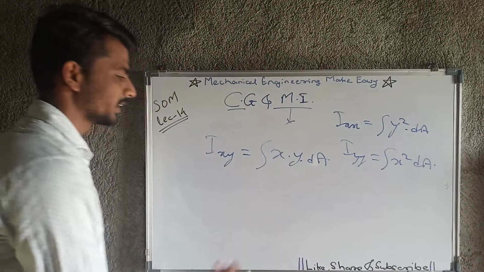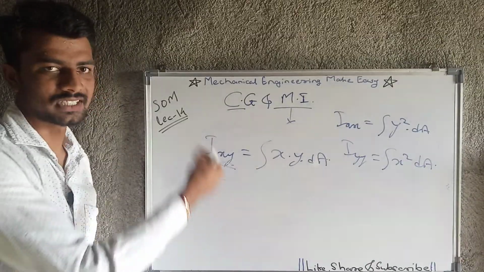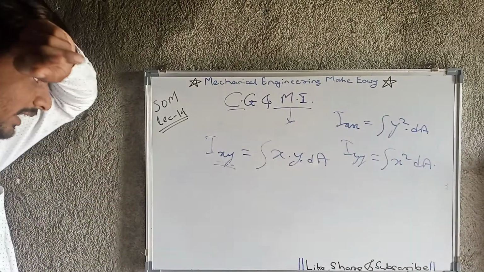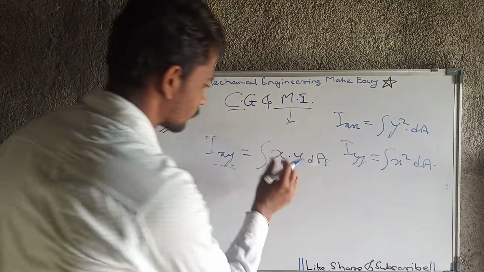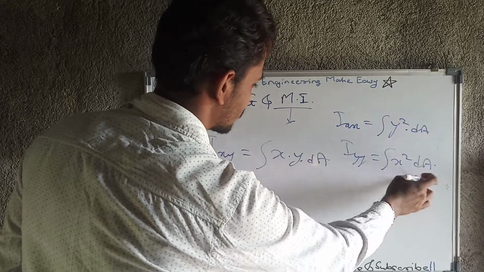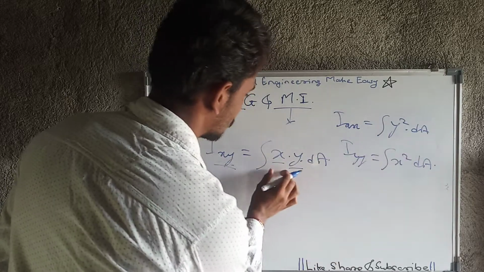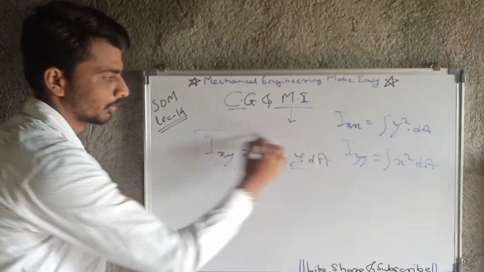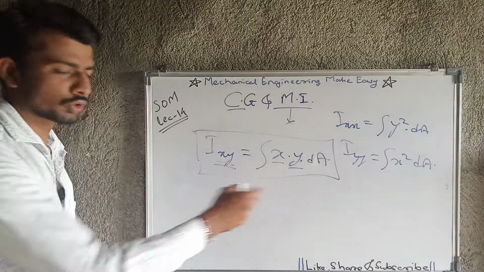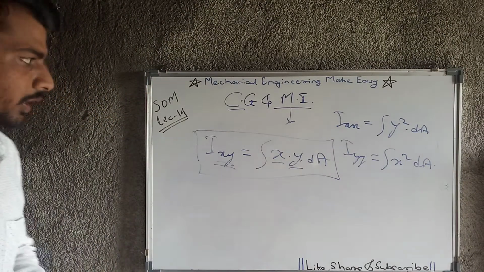Here we have to calculate the moment of inertia about xy, meaning we have considered the xy plane. So we split y square and x square, that is y into y and x into x, and took one term from each formula. So x into y into dA is Ixy. This is also a very important formula, so note down this formula also.